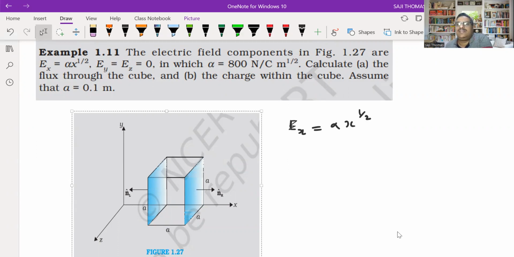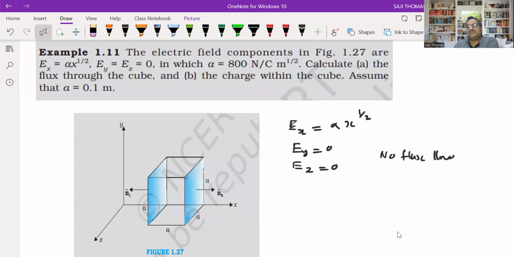Ex means electric field is along x direction only. It is given electric field along y direction is 0. Electric field along z direction is 0. That means no flux passes through y and z directions.